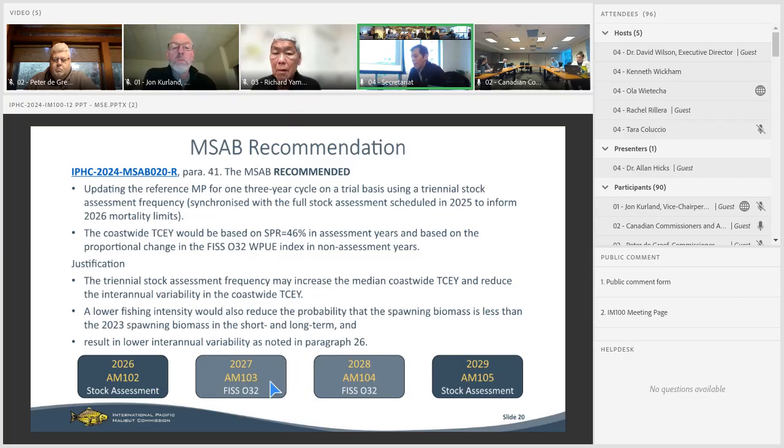SPR is not used in the non-assessment years. It's just purely based on the FIS. And if the commission was to adopt a triennial assessment frequency, they could also adopt that the reference TCY changes in proportion to the FIS. And then for decision making in 2029, we would come back and the stock assessment would use an SPR of 46%. Does that help with the understanding of the process?